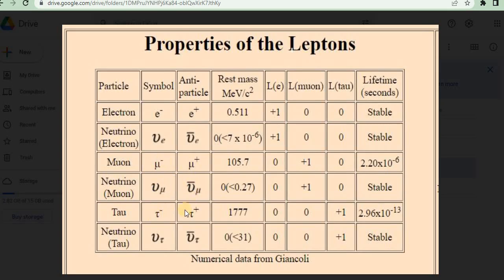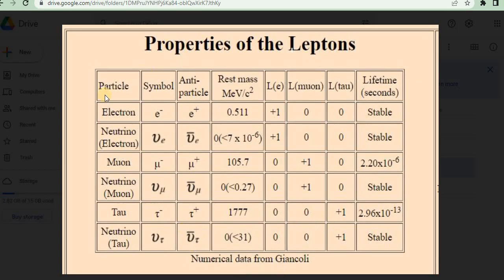Then tau, tau neutrino, the antiparticle of tau, and the antiparticle of the tau neutrino. This is the electron neutrino, this is the electron antineutrino. This is the tau neutrino, this is the tau antineutrino. We use a bar on top to indicate the antiparticle.